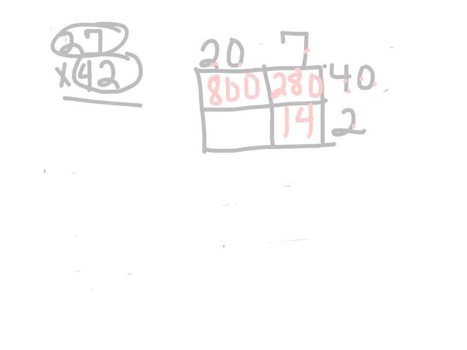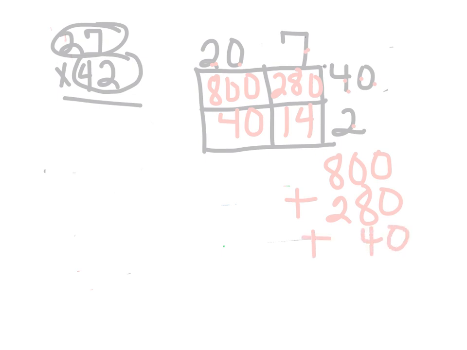And then in this box, I have 20 times 2, which is 40. So now I take my numbers, 800 plus 280 plus 40, and then I have 14.